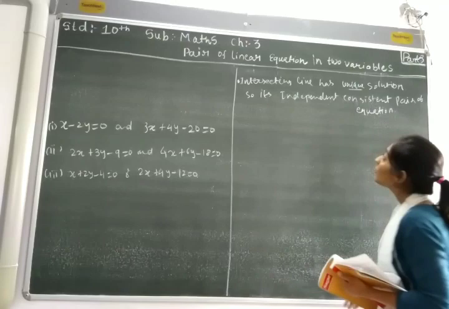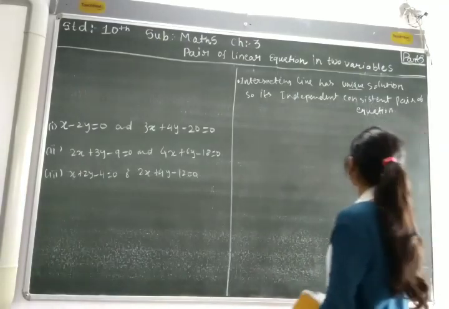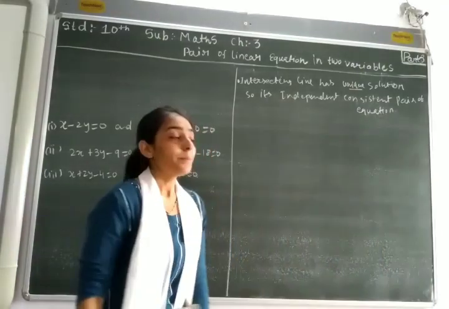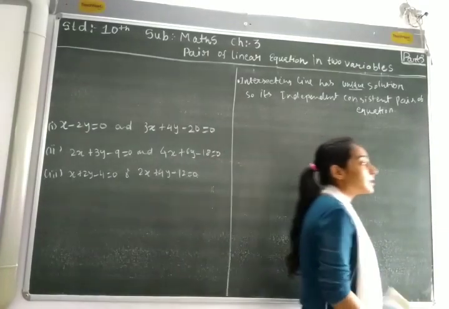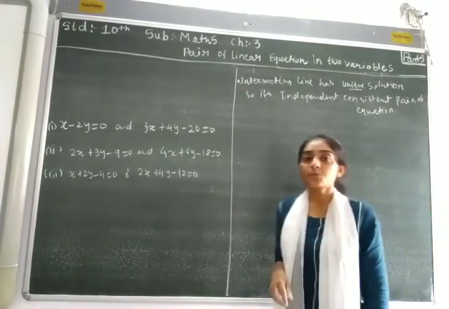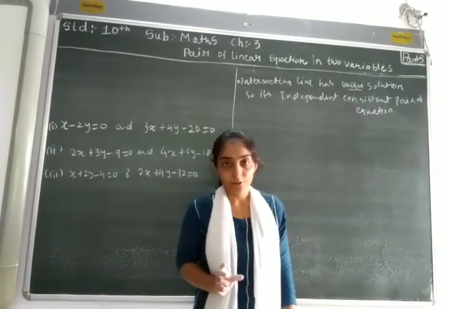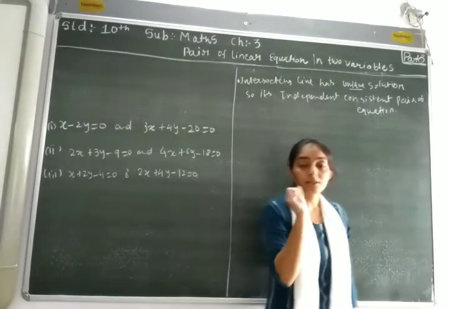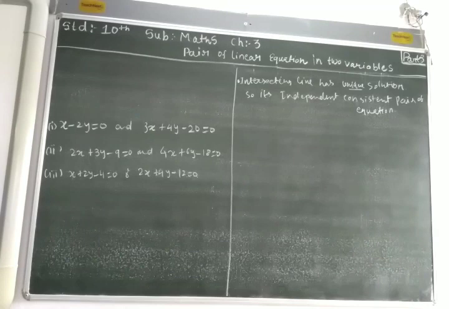Why am I writing independent consistent pair of equations? Why am I saying independent? Because both lines are independent.